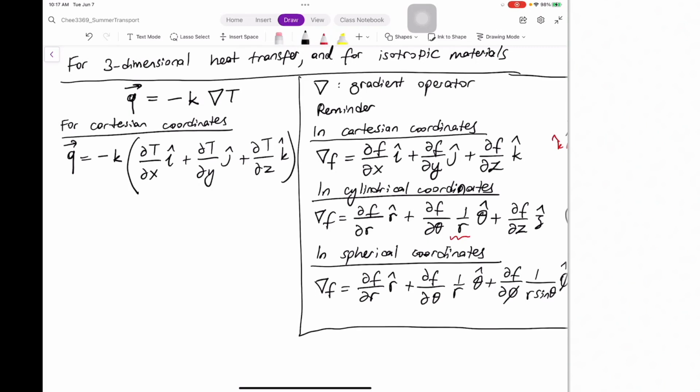In the example that we solved in yesterday's class, we did not have the j and k terms because this was 0 and this was 0. The reason was we assumed that the heat transfer in the y and z directions is negligible. We just assume that temperature does not change along those directions, so there is no flux in those directions. So that's why we only had this term, and we just called it Qx. So this was Qx, this is Qy, this is Qz.